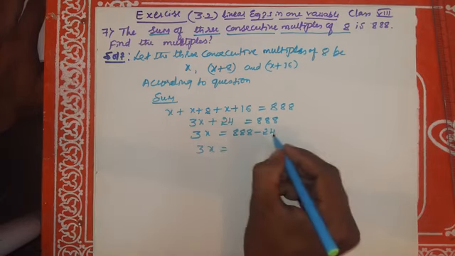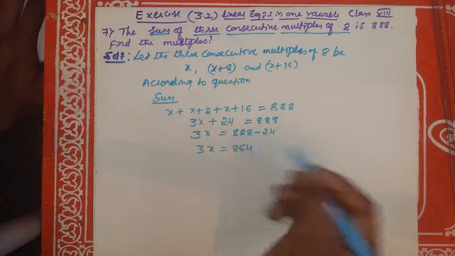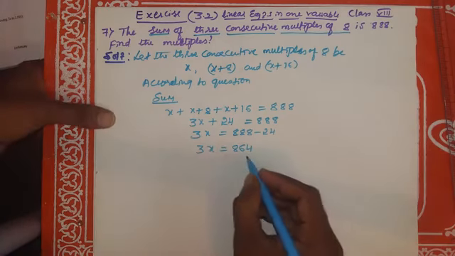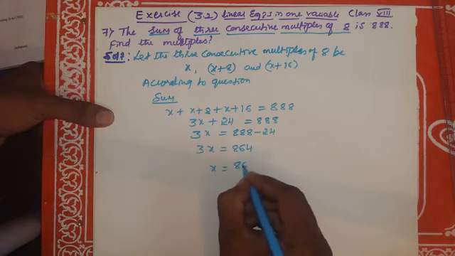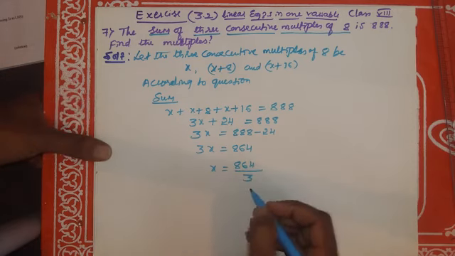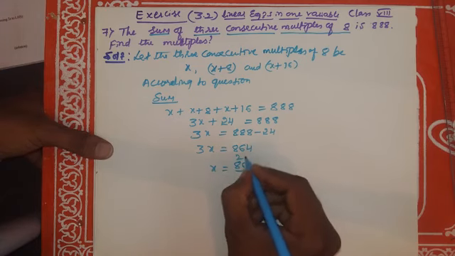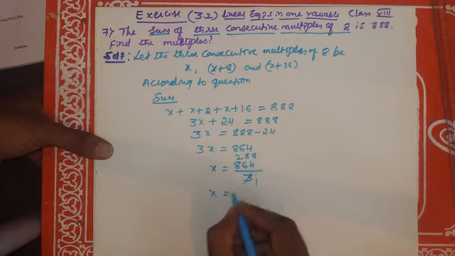See here, 8 minus 4 is 4, 8 minus 2 is 6, 8 as it is, 864. Okay, this 3 write in denominator place. x is equal to 864 divided by 3. Okay, cancel. 3 ones are 3, 3 twos are 6, 3 eights are 24, 3 eights are 24. So x is equal to 288.